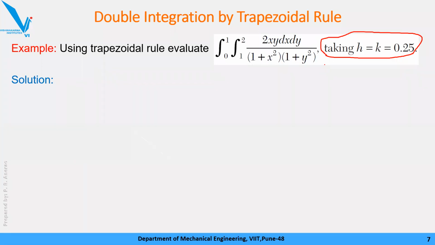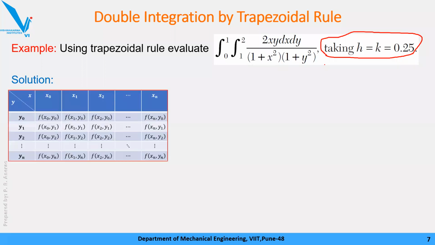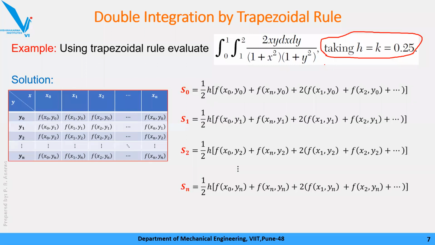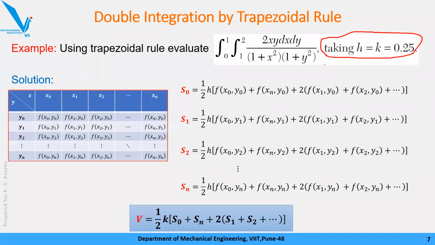So don't work on n, m, h, k. So directly jump to step number 3, that is preparing a table. Prepare a table and then calculate various values of s and volume. Okay, so last here you will find your solution.